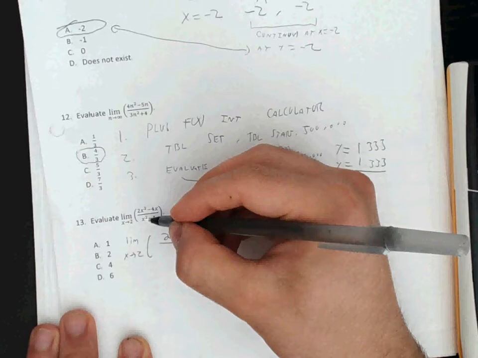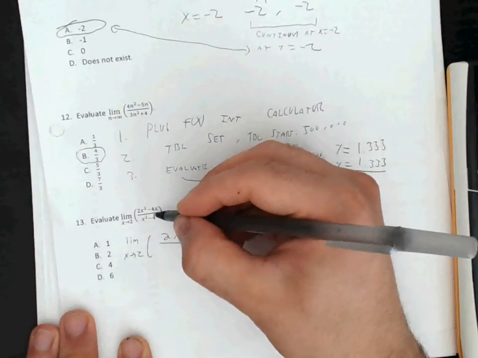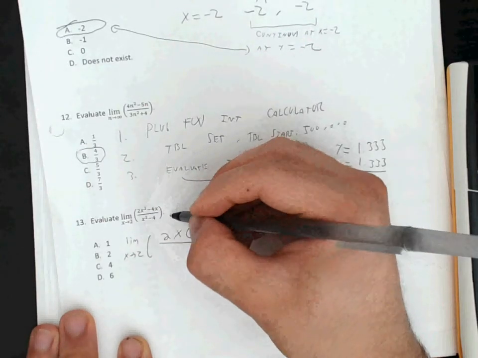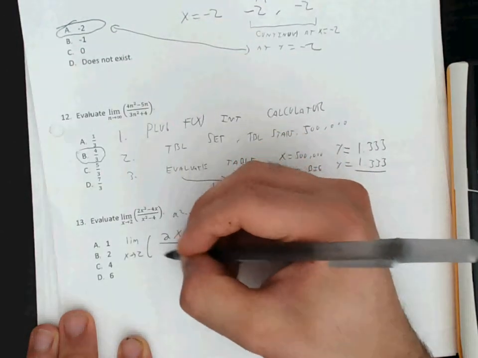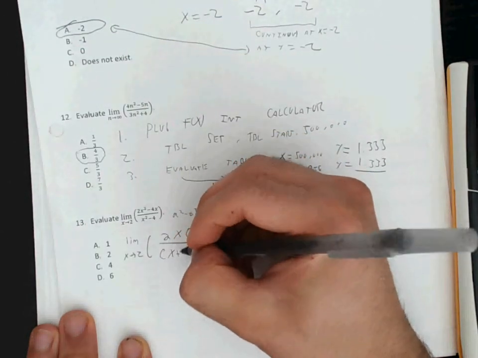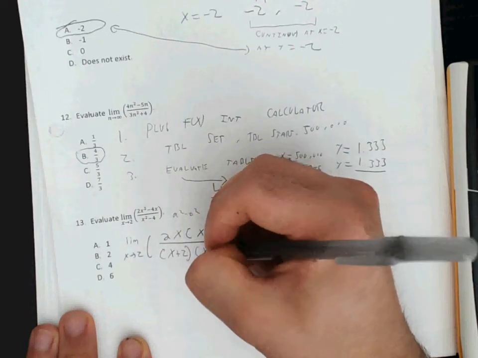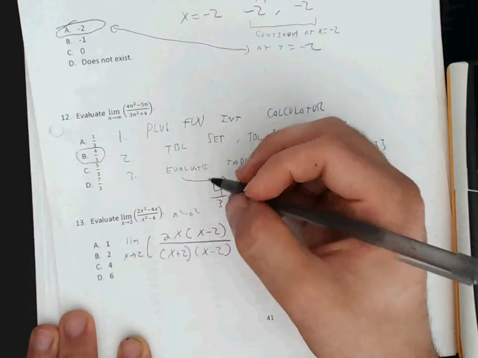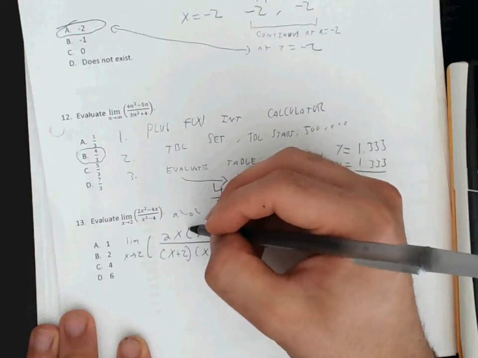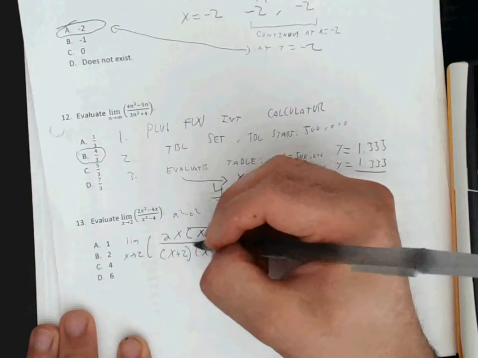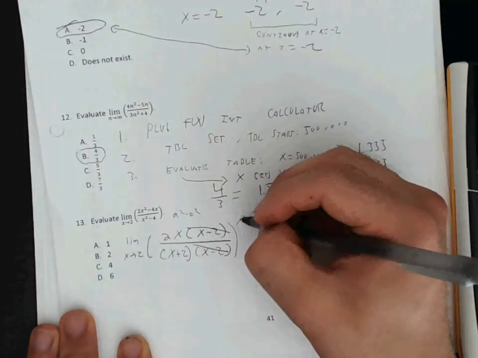And then, in the denominator, we can have x squared minus 4. So this is an a squared minus b squared situation. So we can write this as x plus 2 and x minus 2. Well, clearly with this rational function, the x minus 2's can cancel out to make a hole. So there's a hole at x equals 2.